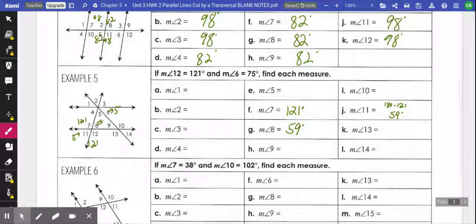We can look at the other one with angle 6 here. Now, there's a lot of corners here per se, but let's just do what we know here. Can we do vertical angles? Yeah, angle 6 is vertical to which angle? Angle 1. So that's 75.